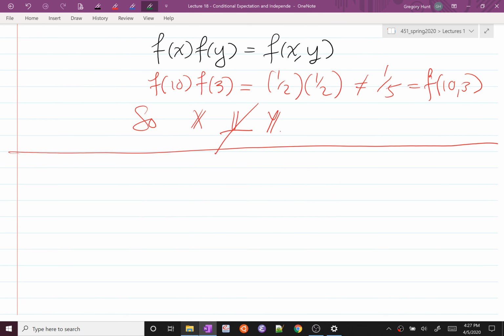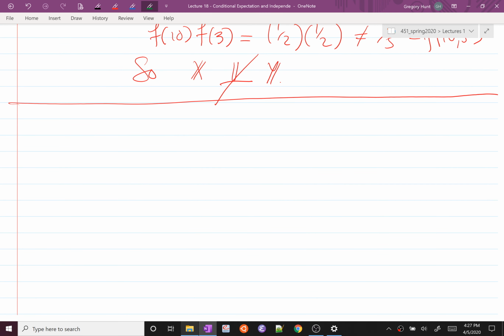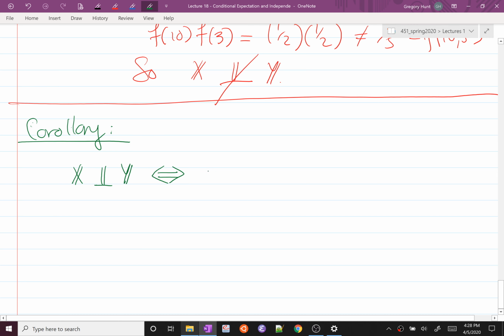We actually don't even need to show what the marginals are. So the corollary, or the follow-on, is that x is independent of y if and only if I can write the joint PMF or PDF as some h of x times some g of y, where h is a function only of x and g is a function only of y.